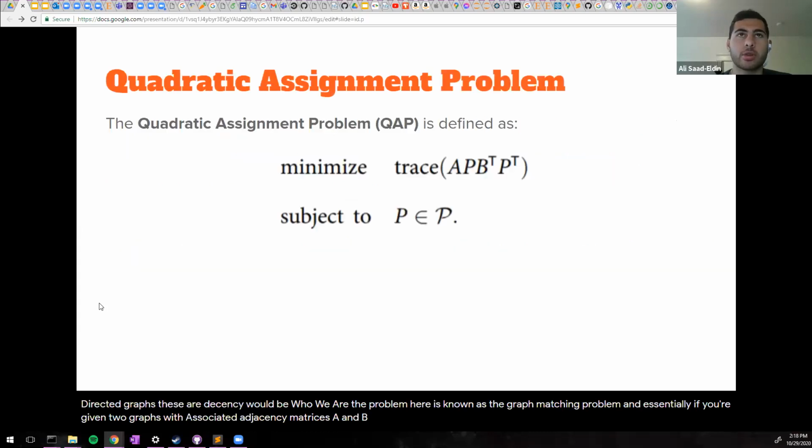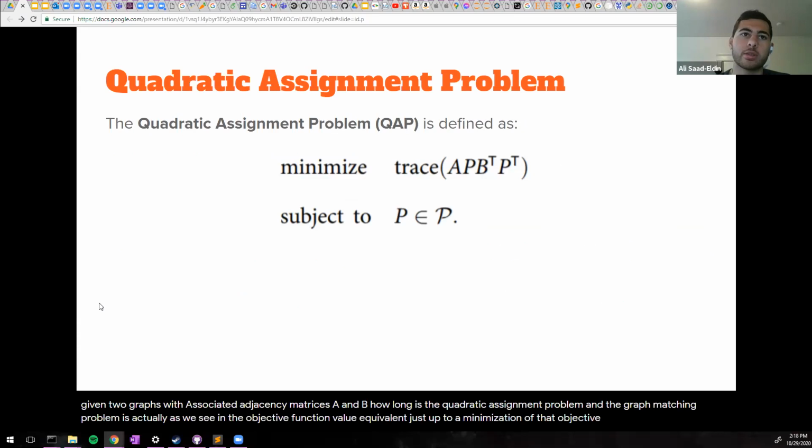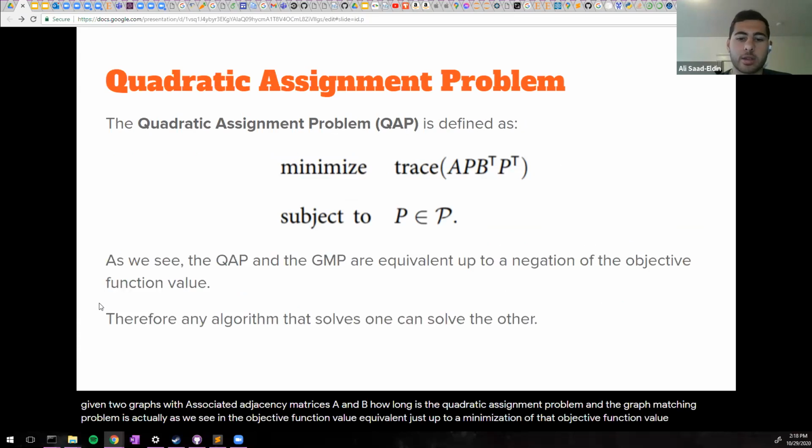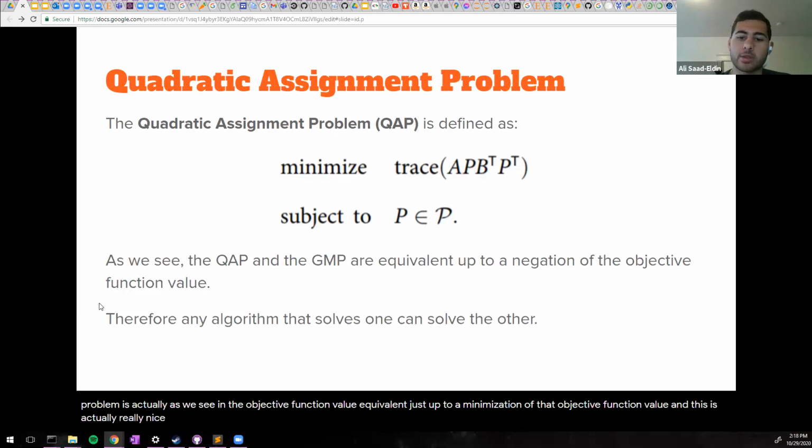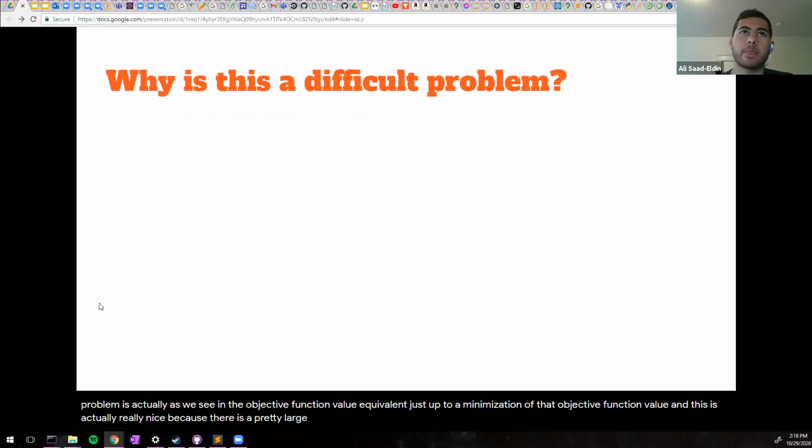And there is a sister problem known as the quadratic assignment problem. The graph matching problem is actually, as we see in the objective function, equivalent up to a minimization of that objective function. And this is really nice because there's a pretty large amount of literature devoted to solving the quadratic assignment problem, so we can just apply those methods to solving our graph matching problem.